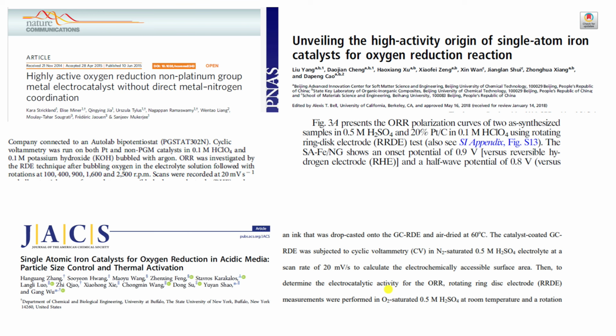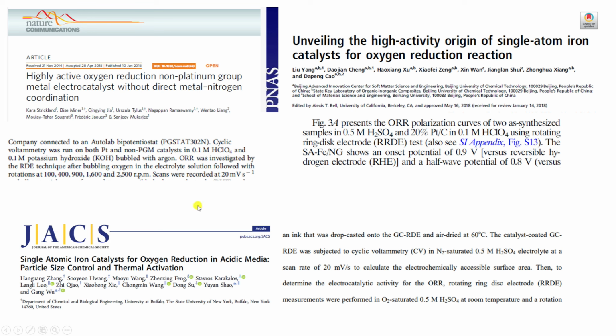So I will show you some of the papers published in journals. They also use this kind of solution for electrochemical applications, especially oxygen reduction and nitrogen reduction. In this PNAS paper, they used 0.5 M sulfuric acid and 0.1 M perchloric acid.